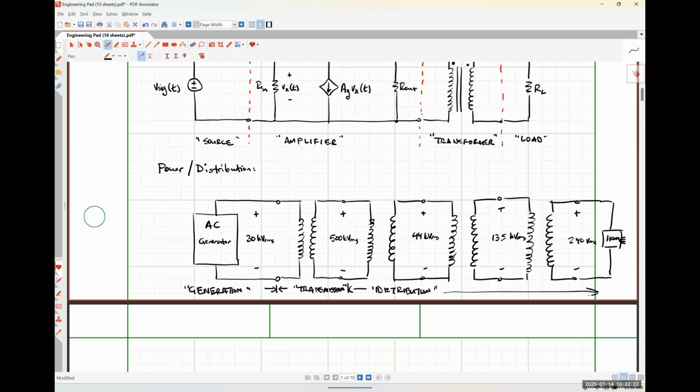As a side note, most modern higher voltage appliances are designed to work at both 240 volts RMS or 208 volts RMS, so that they don't have to make a completely separate unit for apartment buildings and stuff like that.